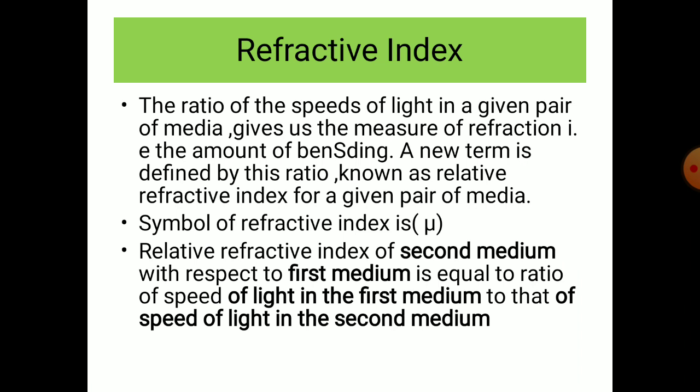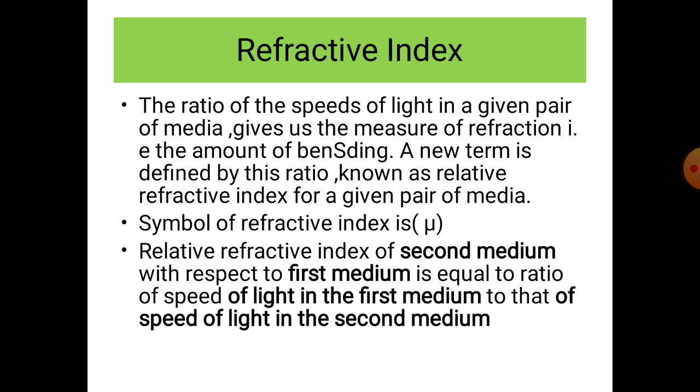Now there is another term, refractive index. The ratio of speed of light in a given pair of media gives us the measure of refraction, that is, the amount of bending.